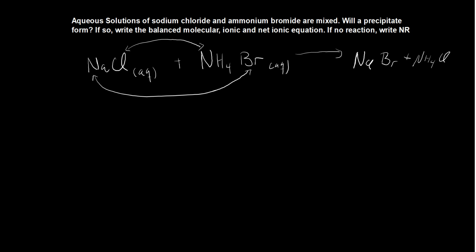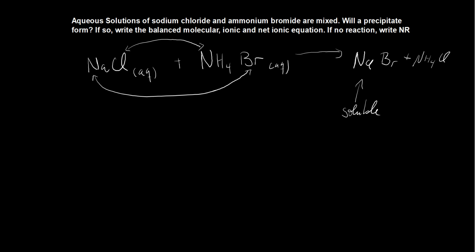Now we need to look in our solubility rules to see which of these could potentially form a precipitate. Sodium bromide: anything that contains sodium will form soluble compounds, and likewise anything that contains bromide, part of the halides, will form soluble compounds. There are some exceptions, but sodium is not one of them, so this is soluble.